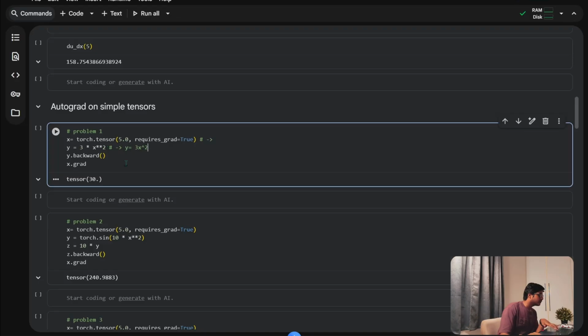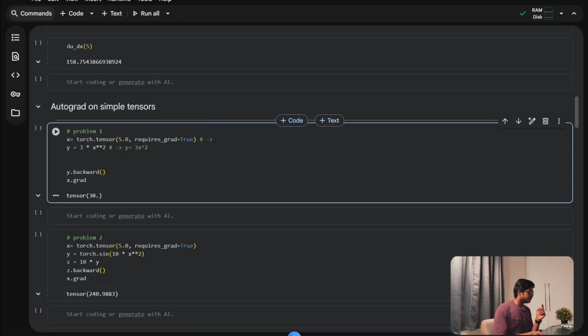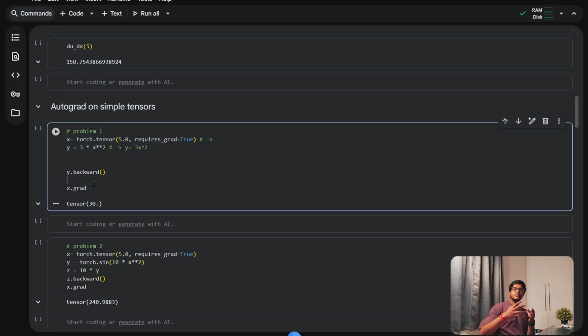And then you just do y.backward(), alright, and then you do x.grad, so that you get this tensor which is 30. So see, first you create your input tensor, then you create the y tensor which is this equation, then you do y.backward(), which traverses the computation graph backwards and computes all the gradients automatically.